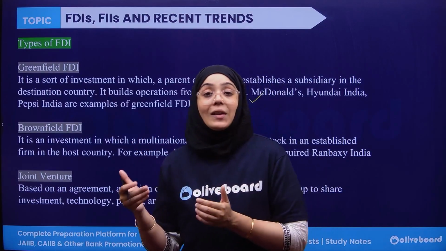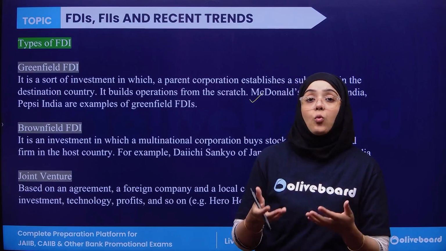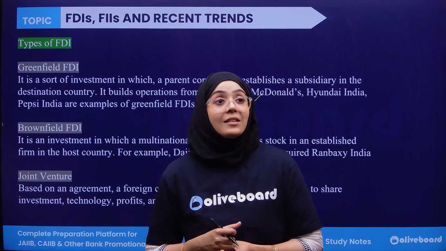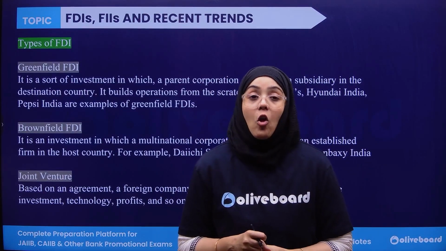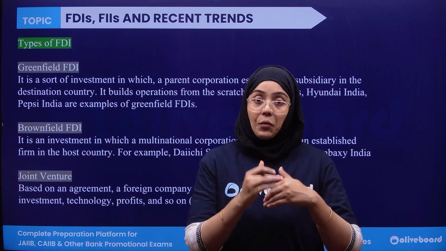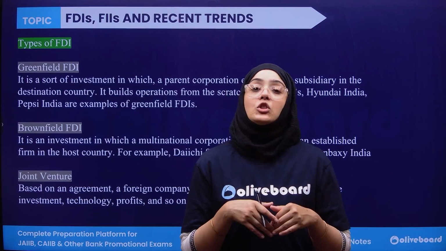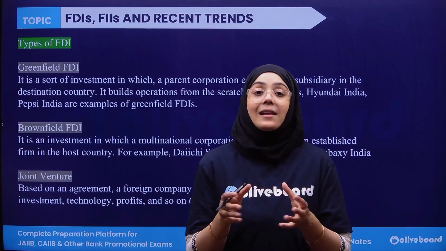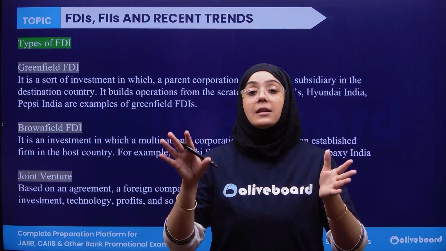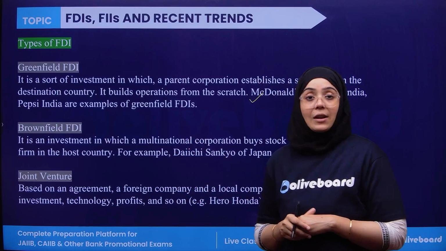Then it is called greenfield FDI. Whereas, for example, that company acquires a hotel of another company in India which is running at a loss. They rebrand it, give it a makeover, do some renovation, use the already existing staff and run it under their supervision. Then this is called brownfield FDI.